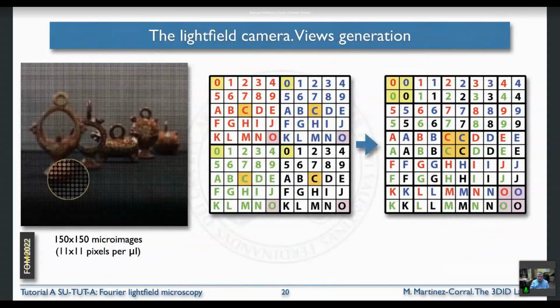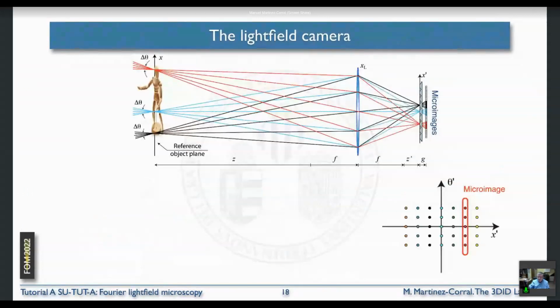So let me show you an example. So this is another example obtained in our lab. This is an example, an image obtained. Okay, let me tell you something here. So here, in fact, the vignetting is very important in order to avoid the overlapping between the micro images.